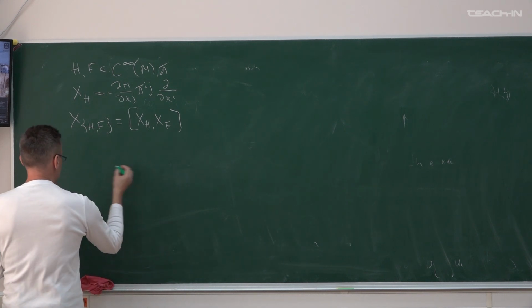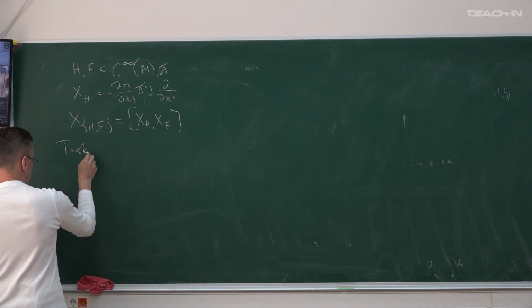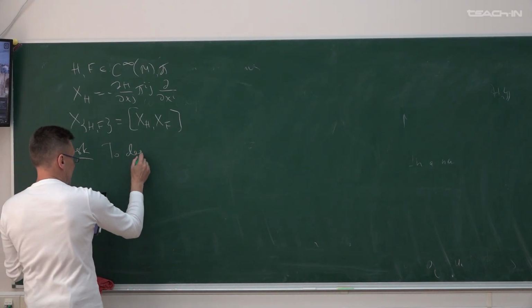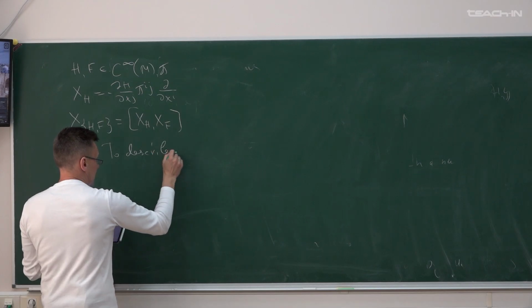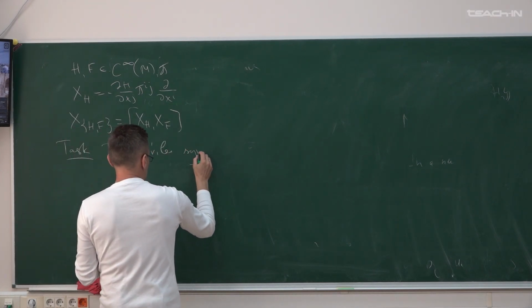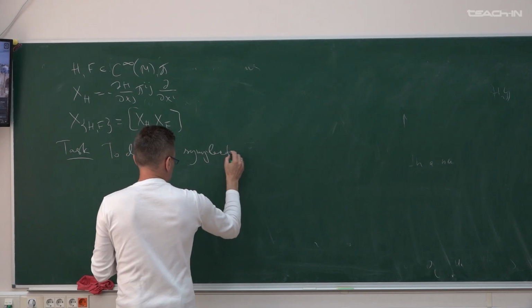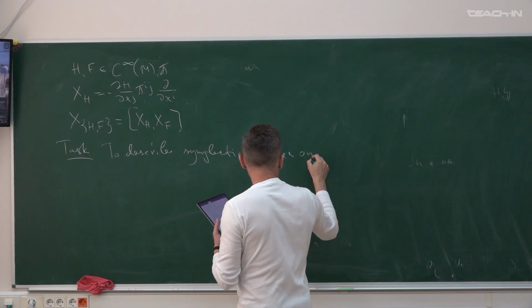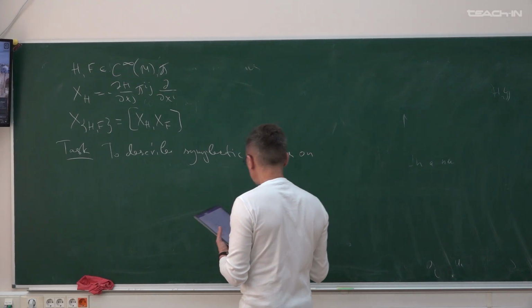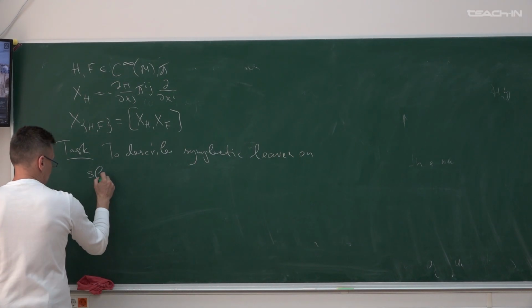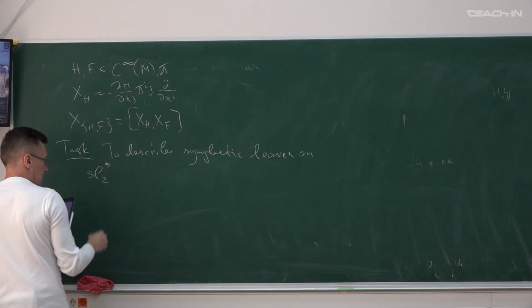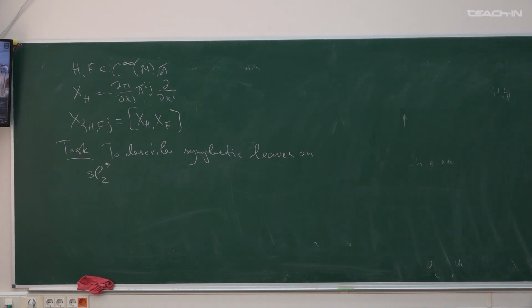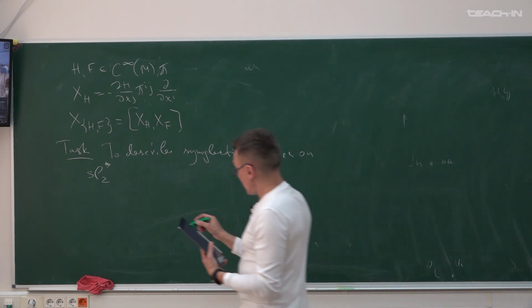I'm sure that there was a task to describe symplectic leaves on SL2, on the dual space to the SL2(R).